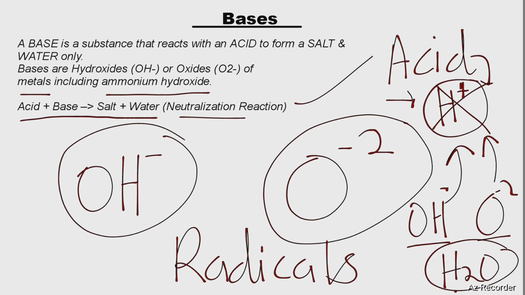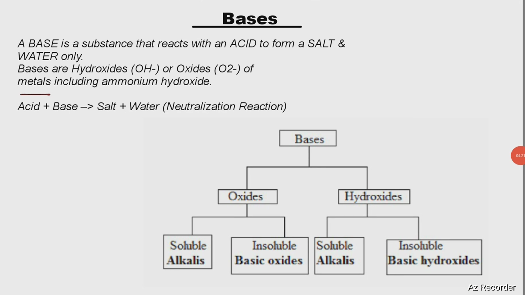We discussed this even under the reaction of acids and bases. We said that there are many types of bases, and among the bases we have what we call alkalis. Let's just revise a bit on what we discussed about alkalis. We said that bases are either metal oxides or metal hydroxides, and among the bases there are those which are soluble.